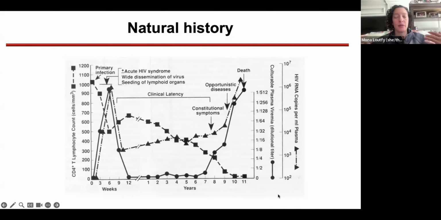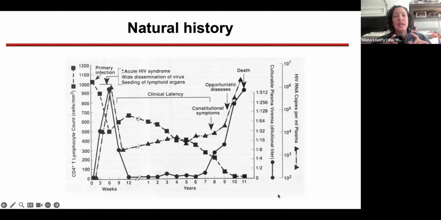So after somebody acquires HIV, which is primarily through sex, understanding how the actual infection happens in the genital tissue is not very well understood. If we have anybody here who's really into basic science, that's a really cool field, to research how the actual virus goes from a genital secretion into the cell.